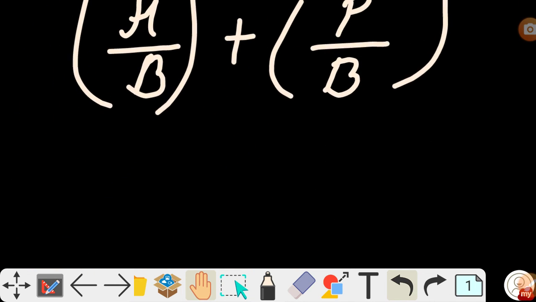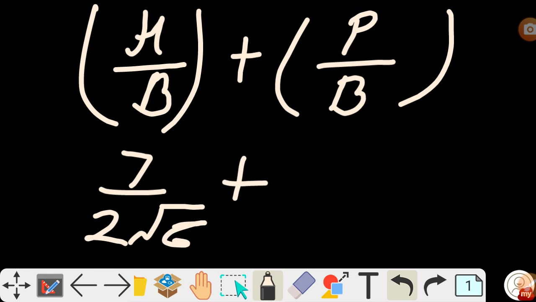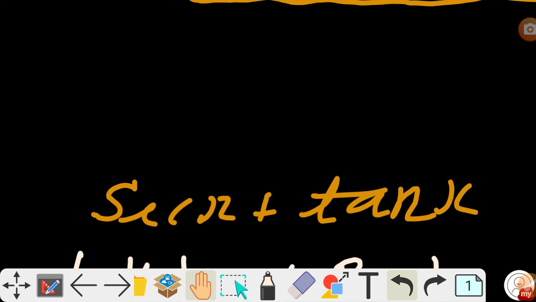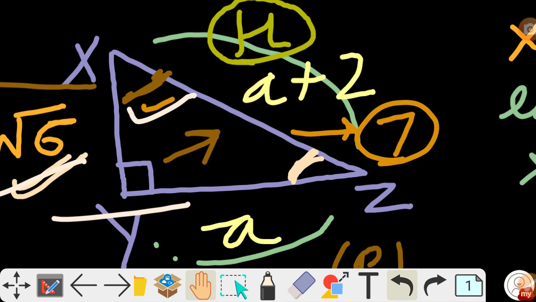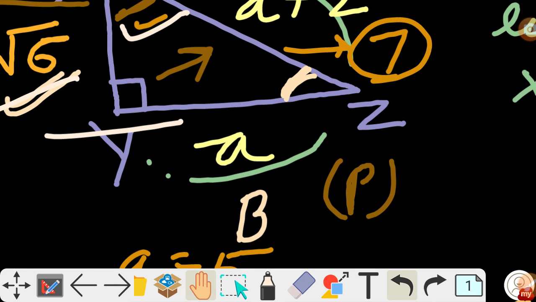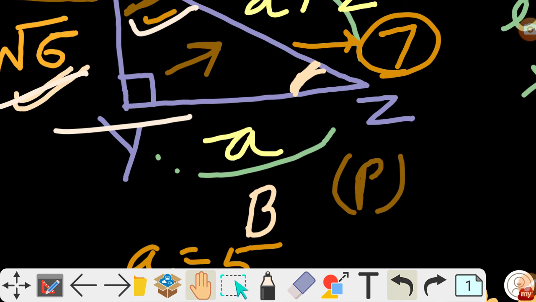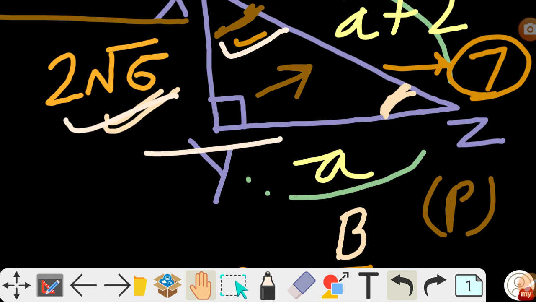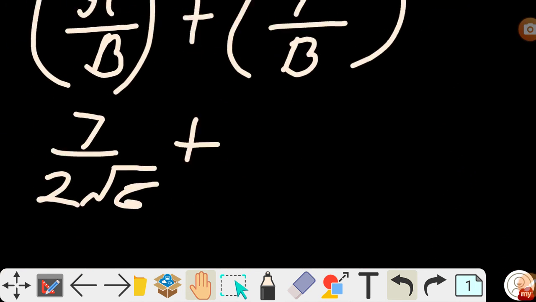And tan x, perpendicular upon base. You can see here the side which is in front of the angle becomes the perpendicular. So here the perpendicular is 5 and the base is 2 root 6. So 5 upon 2 root 6.